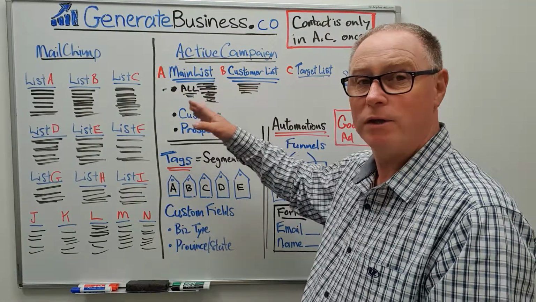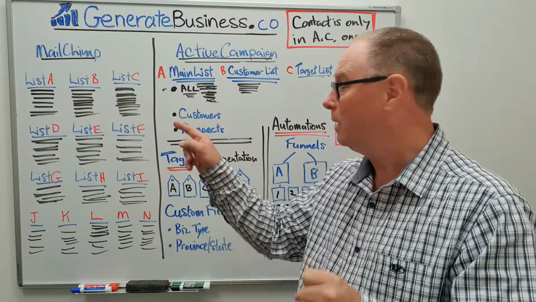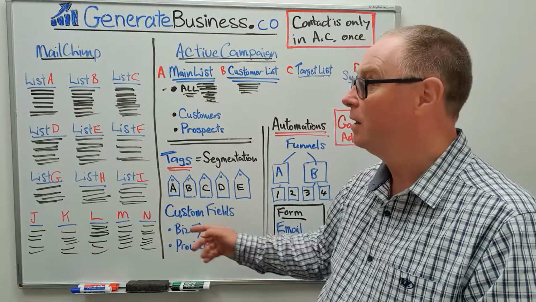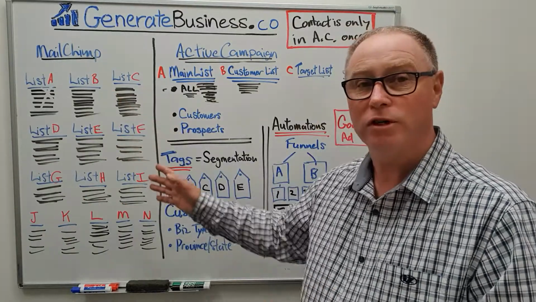So they're only there once, you're not doubling up. You're adding tags and fields to that same person, and then you can delete List A. Then you can repeat the process all the way through.